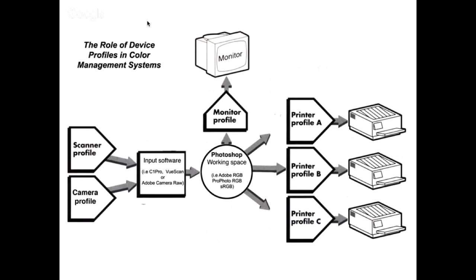And then finally, when you go to actually do your output, if you profile your printers, all of your printers should be responding in the exact same way, so that what you get out of an Epson 4900 on this machine with this setup here is the same as the Epson 4900 that Katie has at her home. Does that make sense? Are there questions about this?